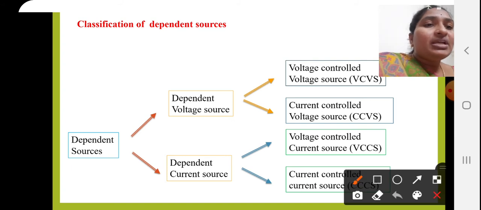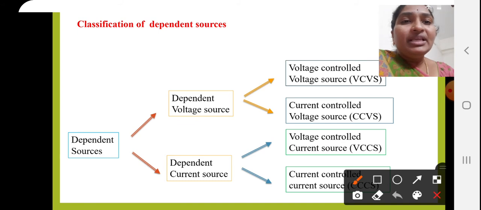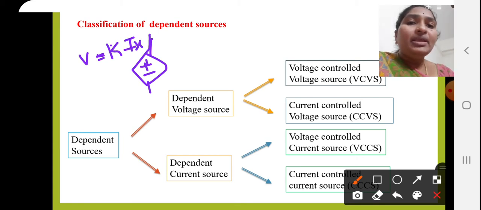Next, current controlled voltage source. That is, here it is also a voltage source, but whose value depends on some other current in the network. That is, V is equal to some K times Ix. Here you can see this is a voltage source whose magnitude is not fixed.